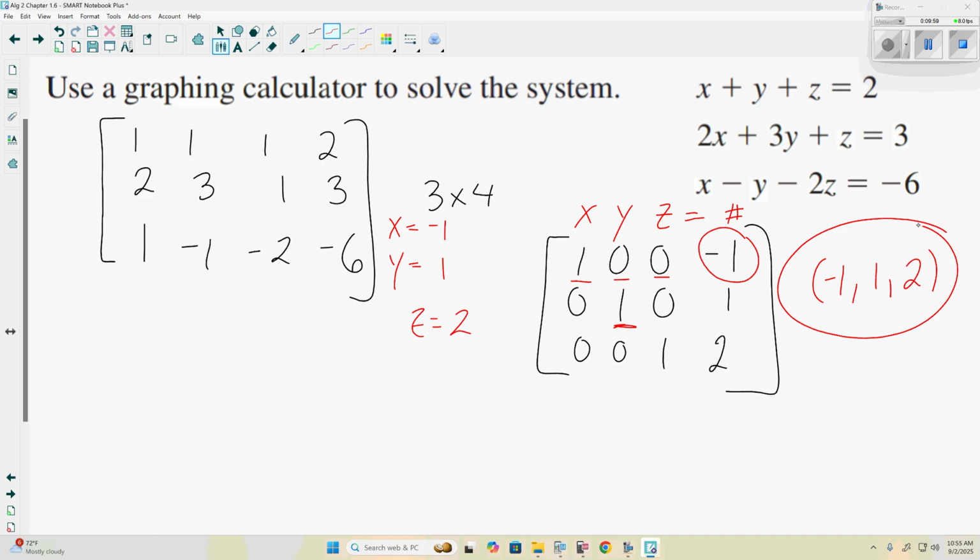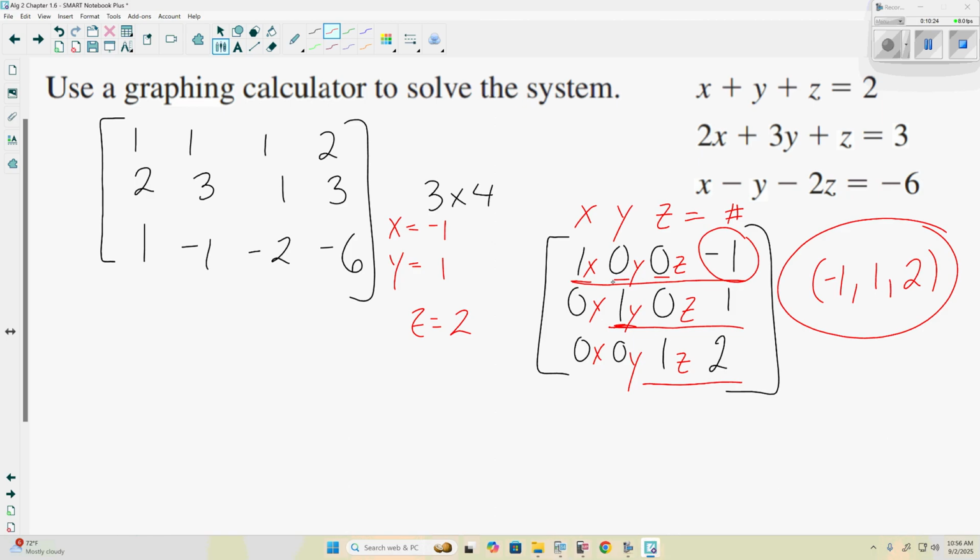Question? So z is 2, y is 1, x is negative 1, because x was in the first column, y second, z third.